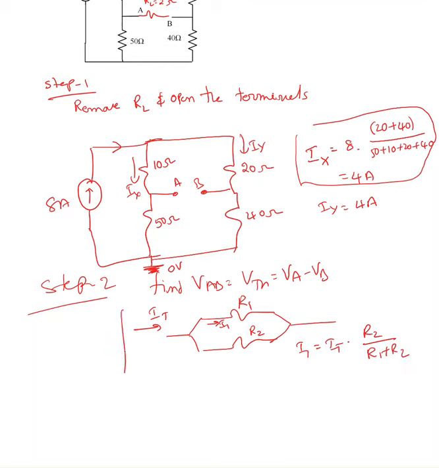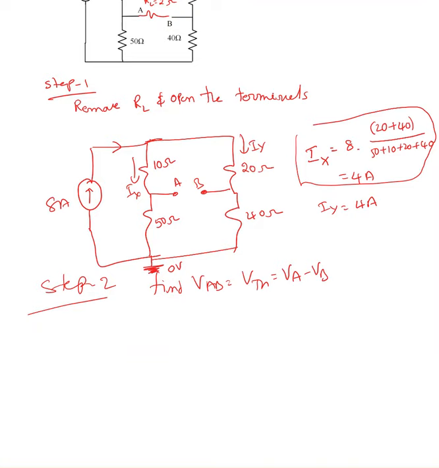This is my current division rule. So by using this rule, you can find currents in each branch. As I mentioned, this is valid only for two resistors. There is one more formula if there are more than 2 resistors in parallel, but it's too difficult to remember. I want you to remember this though.